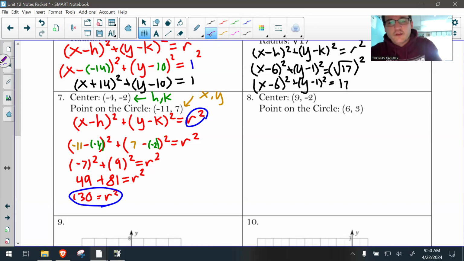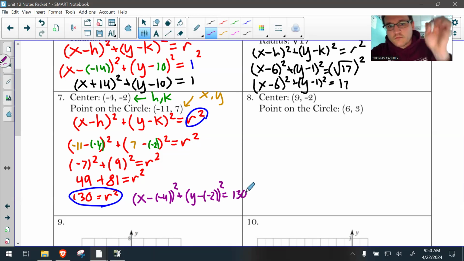So now we have everything we need in this equation. We have x minus h. Instead of saying h, I'm going to say minus -4, squared, plus y minus k, and k is -2, equals 130, because that is our r squared value.